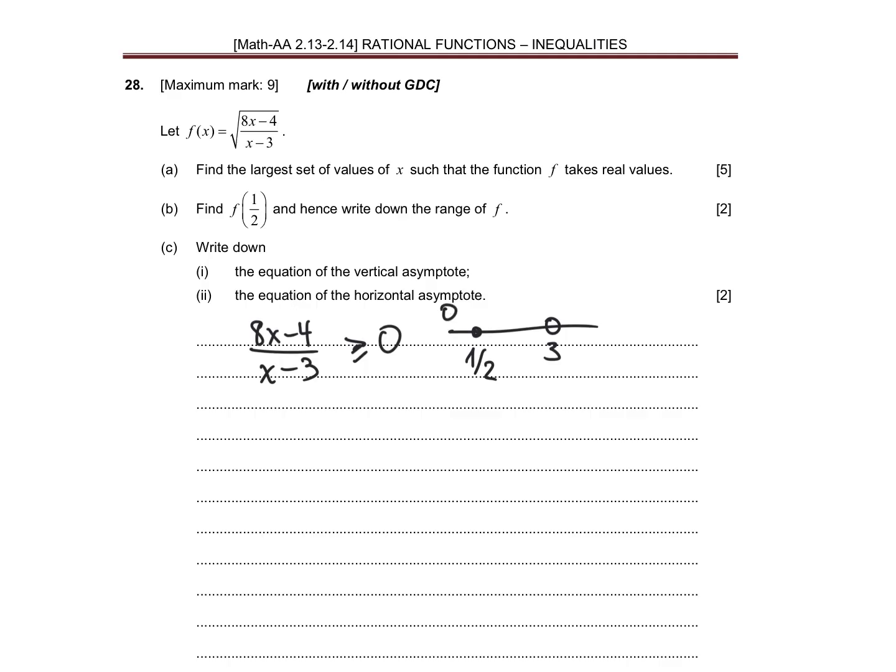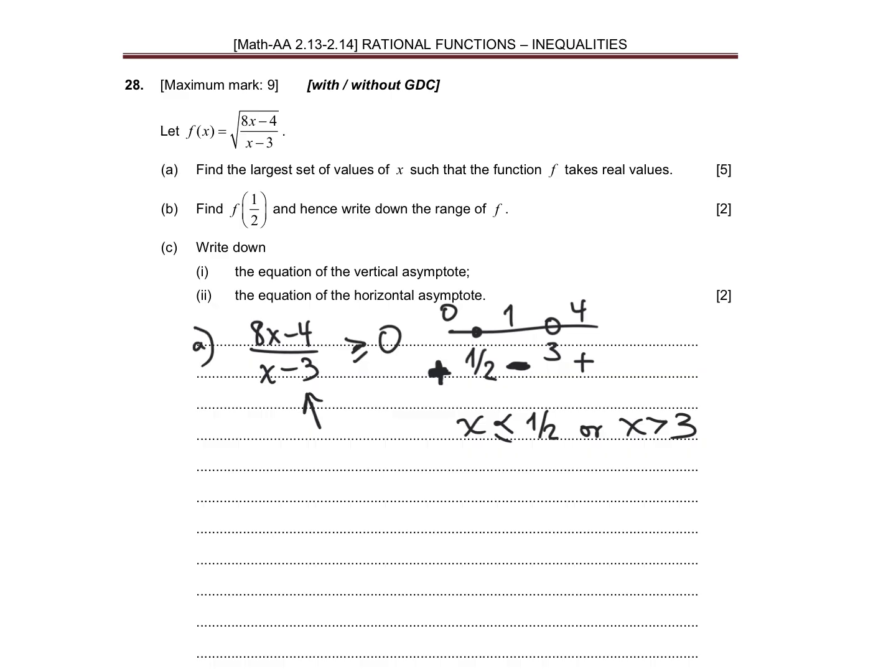So we're going to check 0, 1, and 4 into this thing. So 0 is going to be a positive, just into there. 1 is going to be a negative, and 4 is going to be a positive. So we've got x less than or equal to 1/2 or x greater than 3 for A.